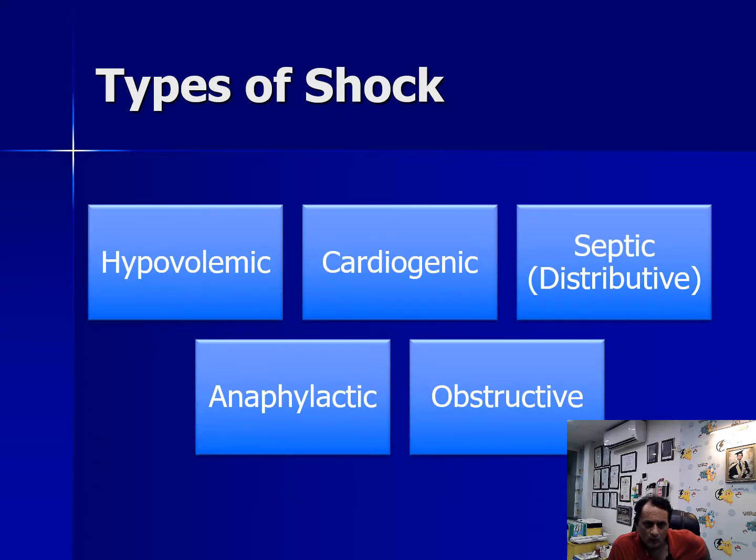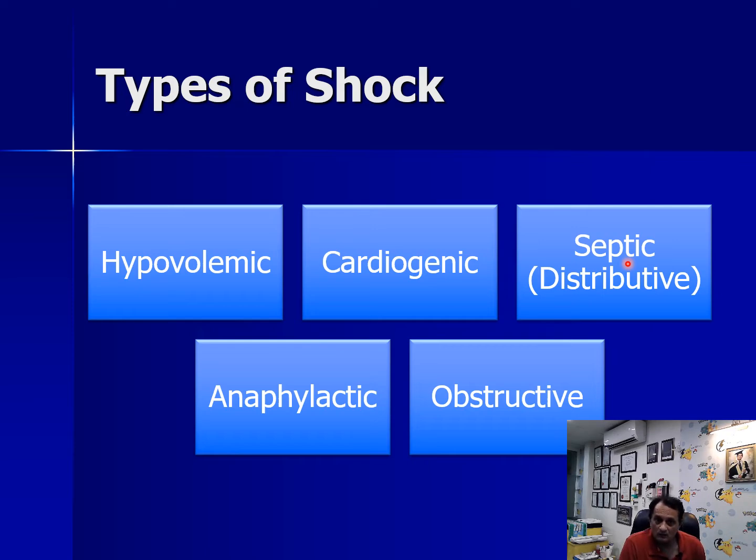There are different types of shock. It can be hypovolemic, mostly because of diarrhea in the developing world. Cardiogenic can be because of myocarditis in pediatric patients, and septic shock can be distributive, especially in older children.